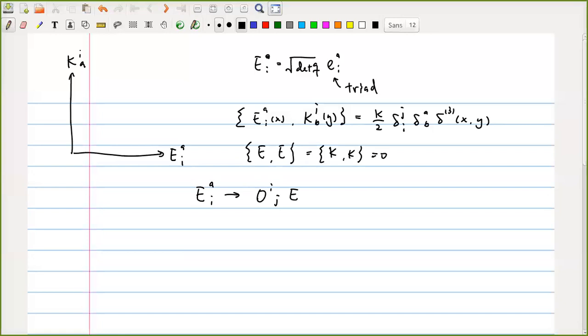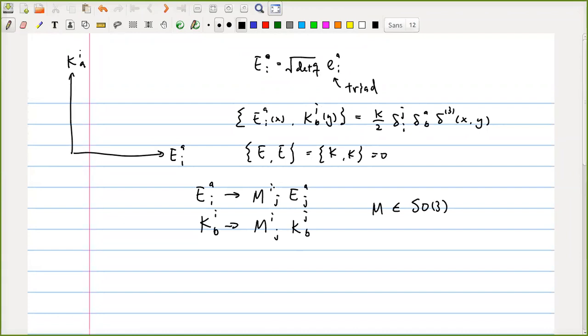Let me call it M_ij. E and K transform accordingly. This matrix M belongs to the SO(3) group, which means it's a 3-dimensional rotation group. It's a linear transformation and rotates this triad. At the same time, it rotates the K.